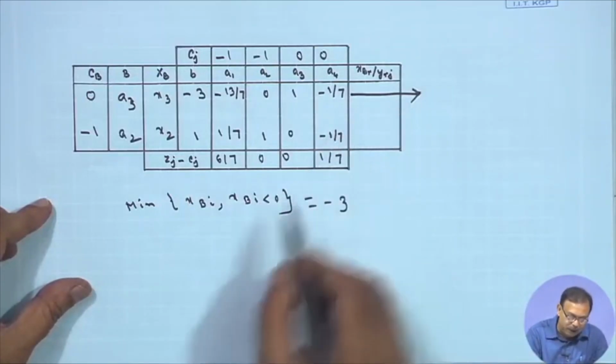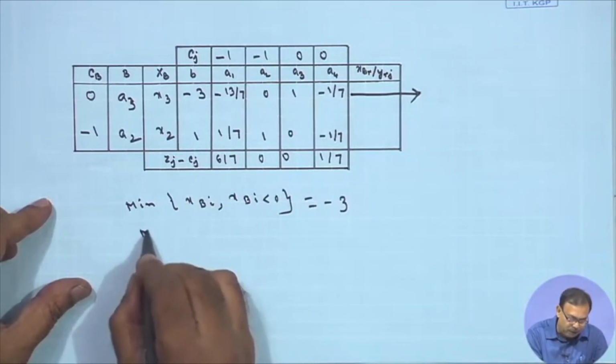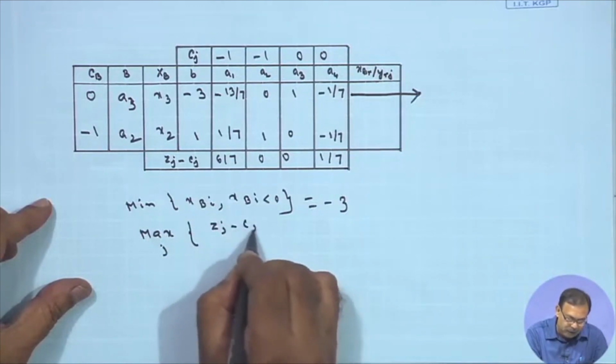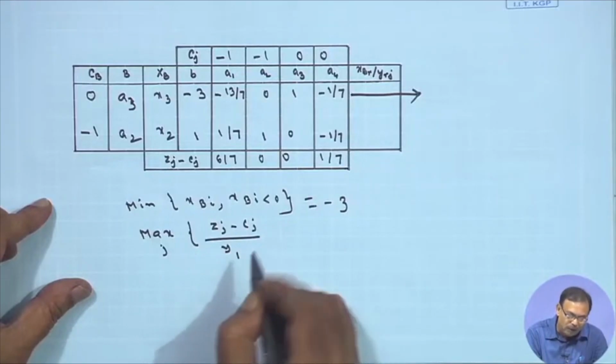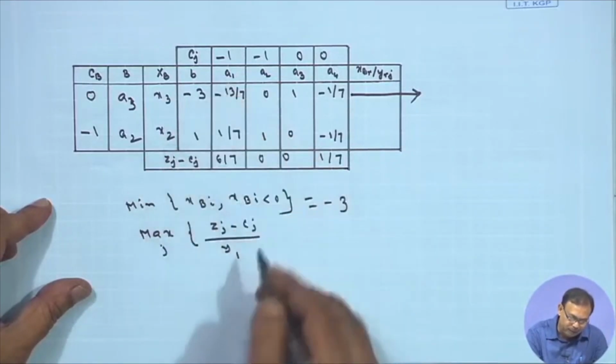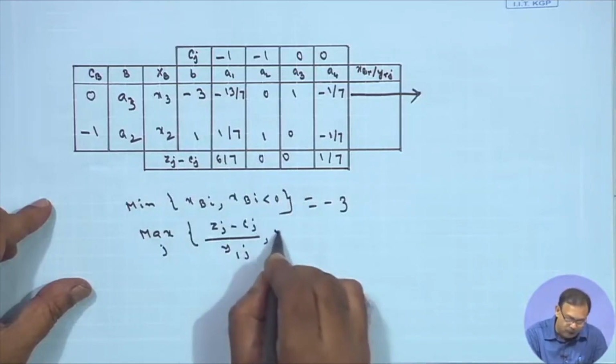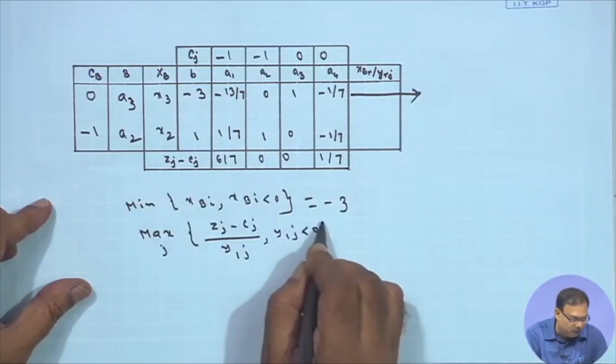Now, x 3 will leave the basis, which one will enter into the basis? For that you have to calculate z j minus c j by y 1 j, where y 1 j would be less than 0.